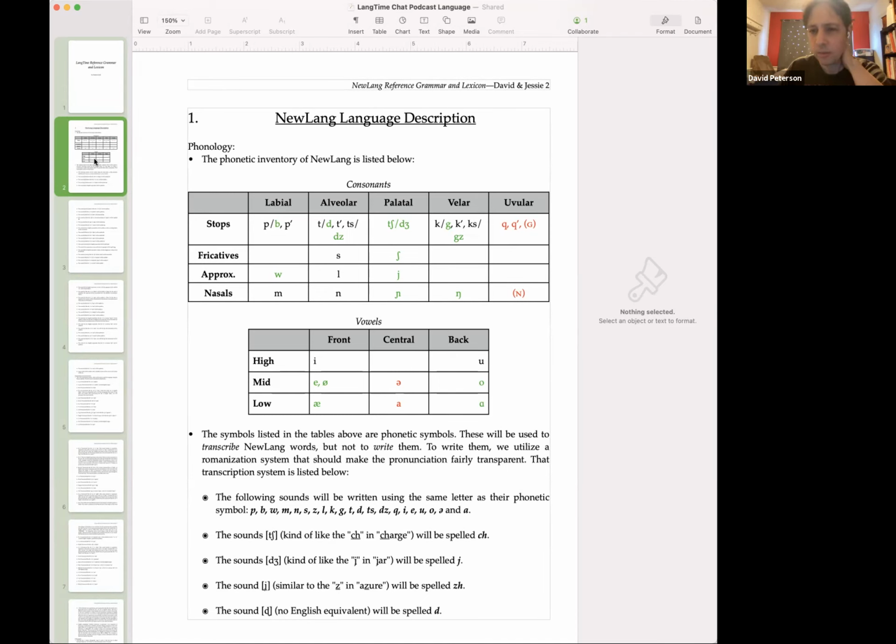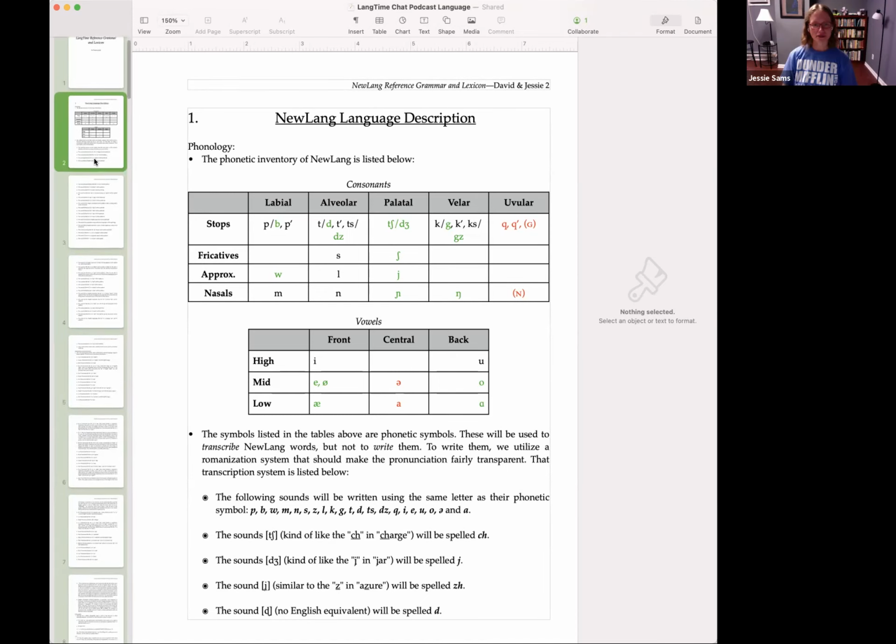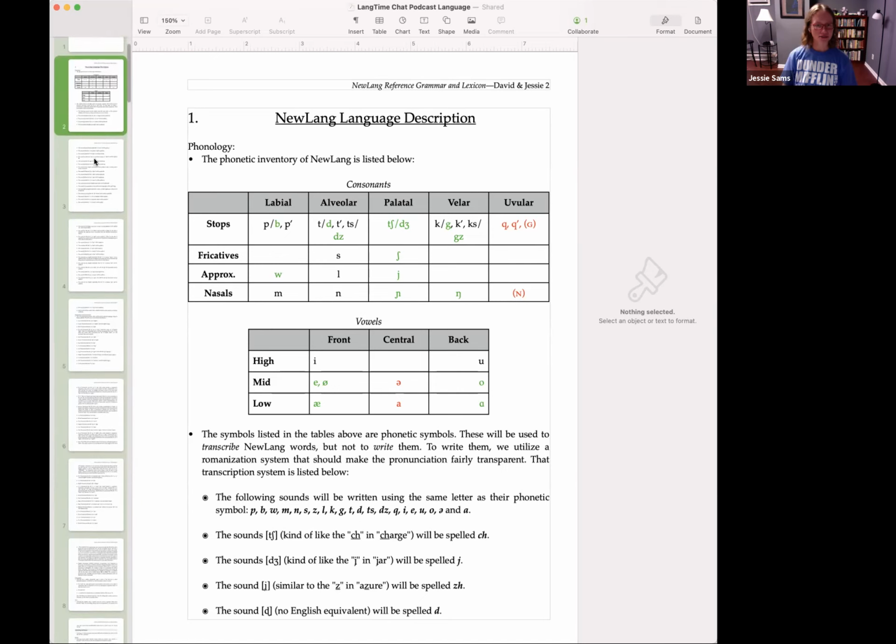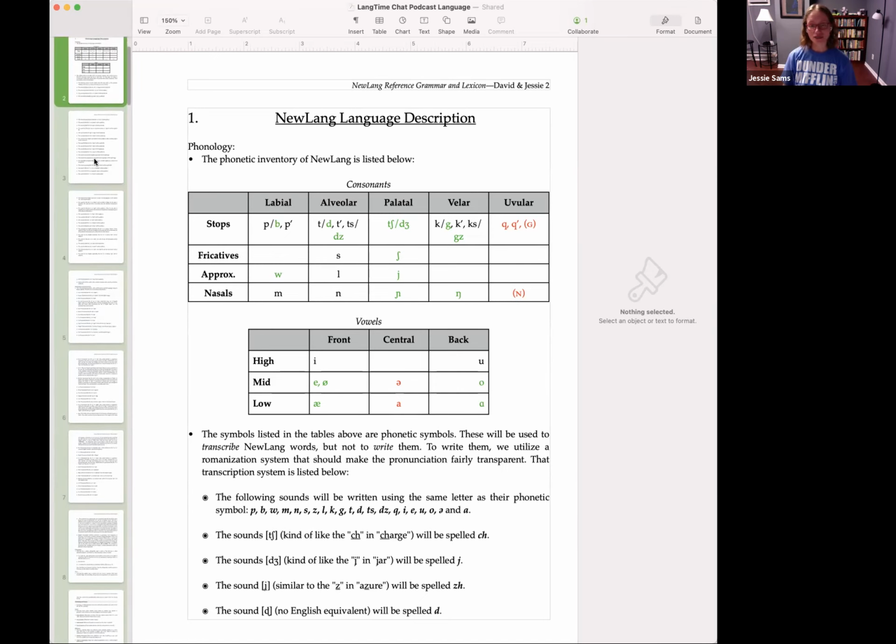Yeah, I know. And you weren't super stoked about the KS and GZ being in the IPA chart, and I totally get it. No, I wasn't. Yeah, I get it too. It just doesn't make any sense, but that's all right. It's fine. But it's there because it's the only onset consonant cluster that's allowed.